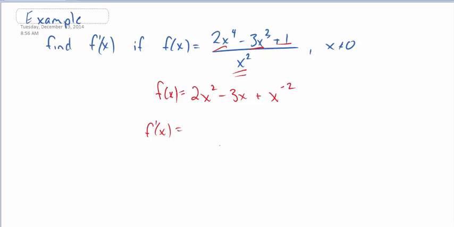So hopefully, the first term, you have 4x minus 3, and then minus 2x to the negative 3rd. Remember, we decrease the exponent by 1, and we bring that original exponent down in front, and I'm fine if you leave the answer this way, or know that it's equivalent to that. And that's where we stop for this.